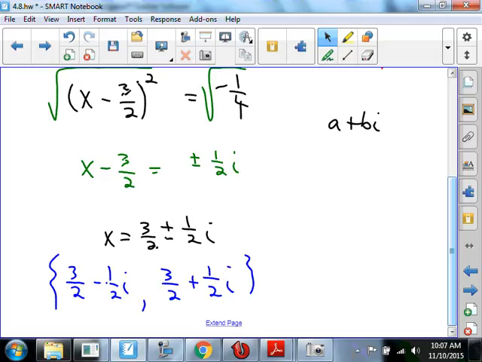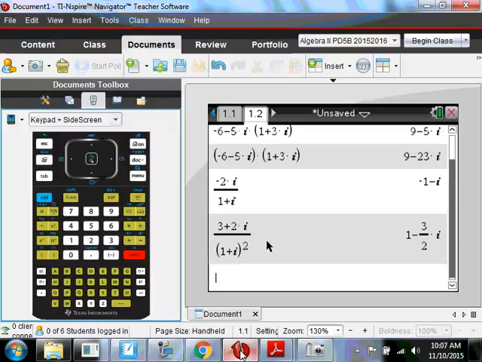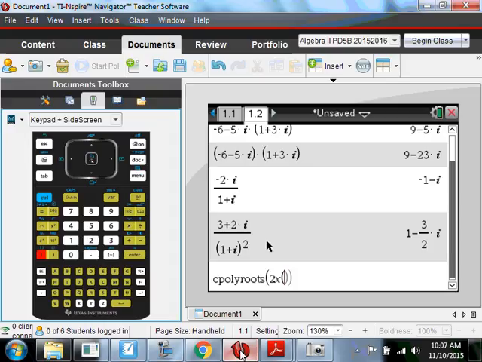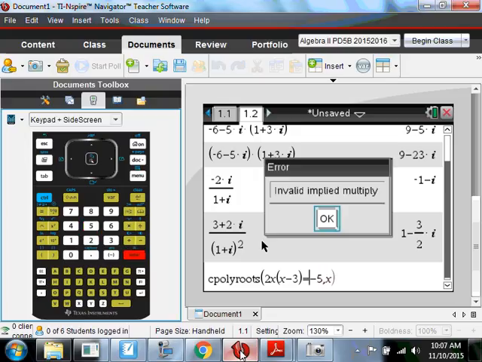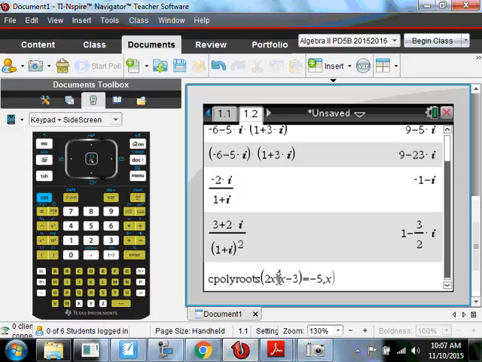Okay. So you might be asking yourself, could the calculator do that? Well, let's see. Why'd you put the little c out front? Well, if I don't, then I wouldn't do it. So I had 2x times, what was it, x minus 3. And that equaled negative 5. And I'm going to find the polyroots, and it says invalid implicit multiply.